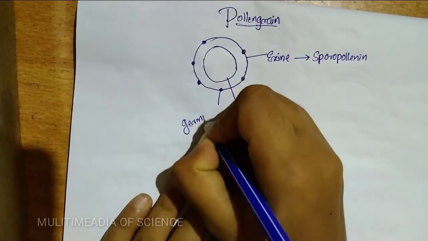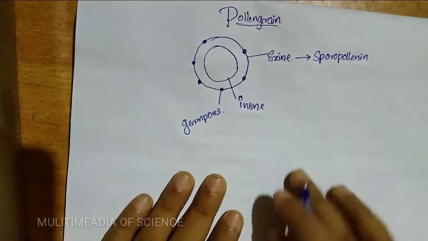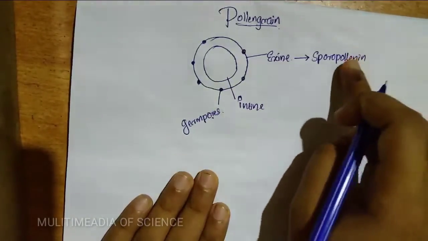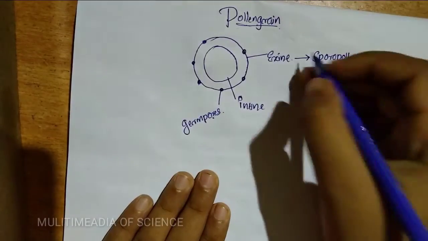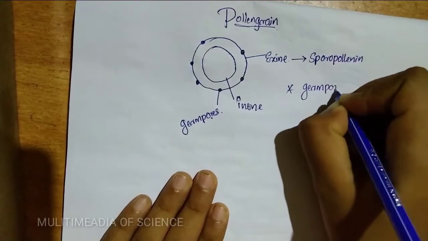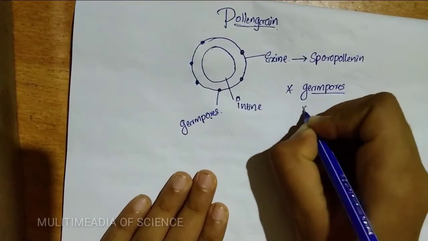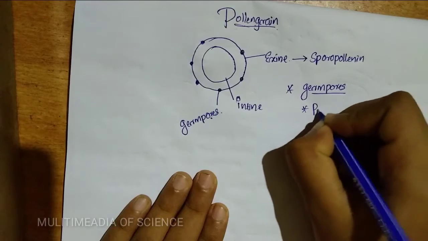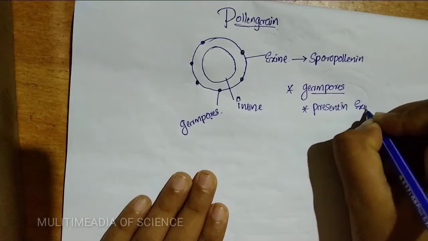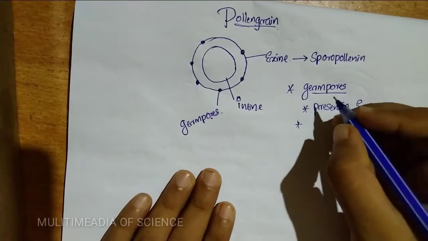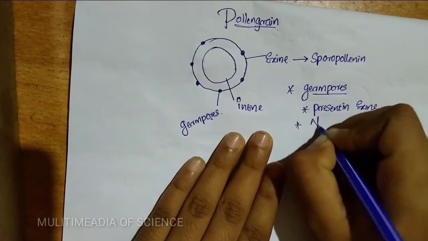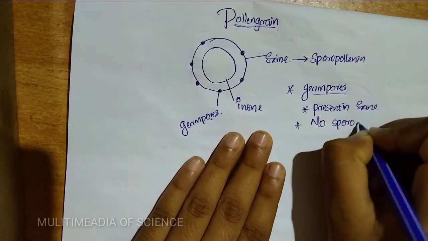The germ pores do not have the presence of sporopollenin. So what do you mean by germ pore? It is important: it is present in the exine, and has no sporopollenin.